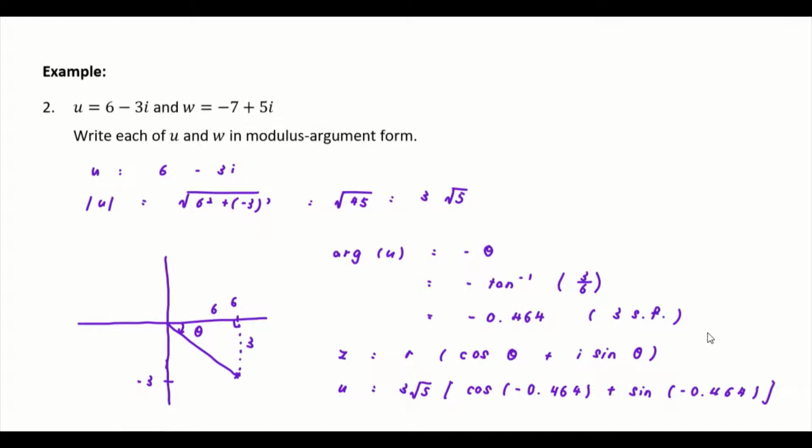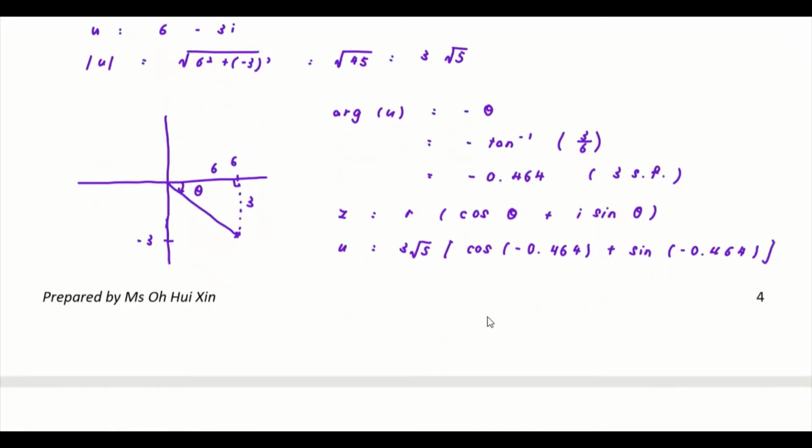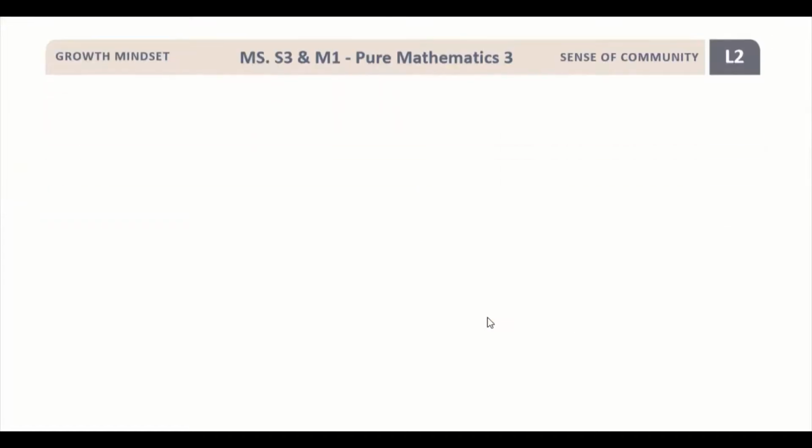Let us move on to find the one for w. w equals negative 7 plus 5i. Same thing, find the modulus first. After you get the modulus, you can proceed to draw the Argand diagram.